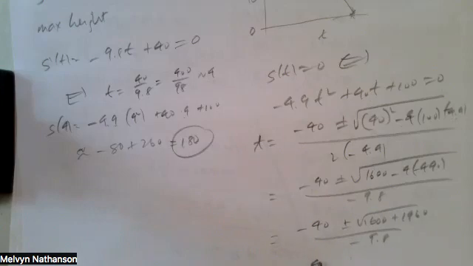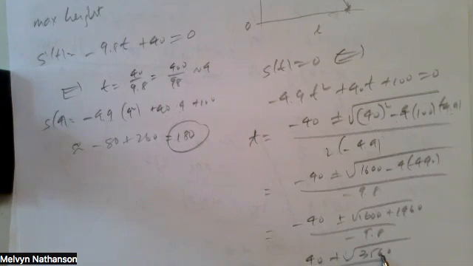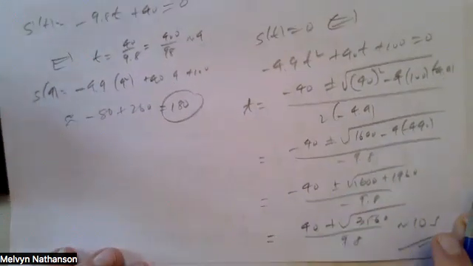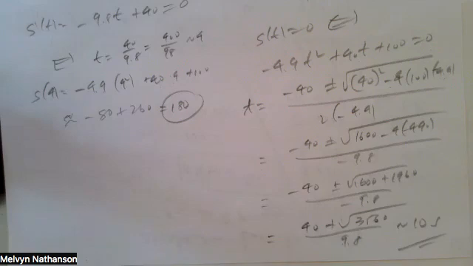So this is 40 plus the square root of 3560 over 9.8. This is roughly 60, so 40 plus 60 is 100, divided by 9.8, approximately 10 seconds. But if you calculate it exactly, as the book does, 10.2 to one decimal is the correct answer.